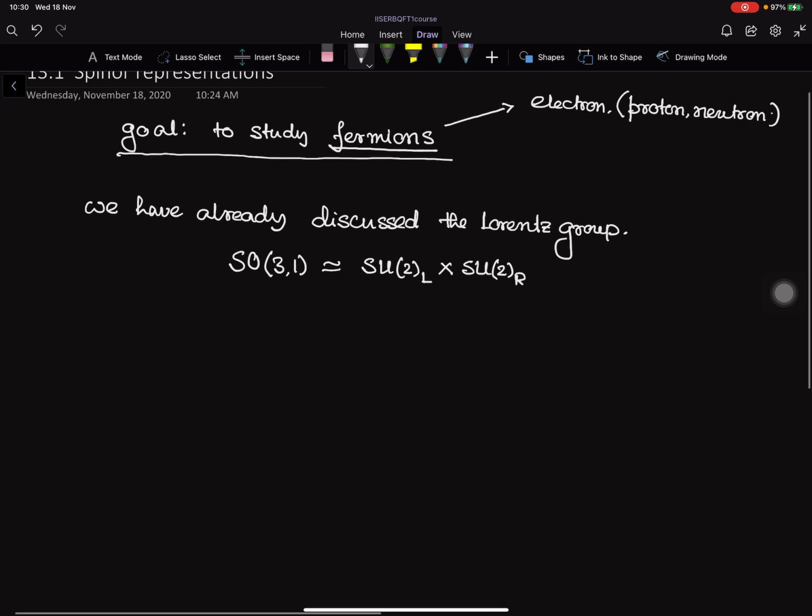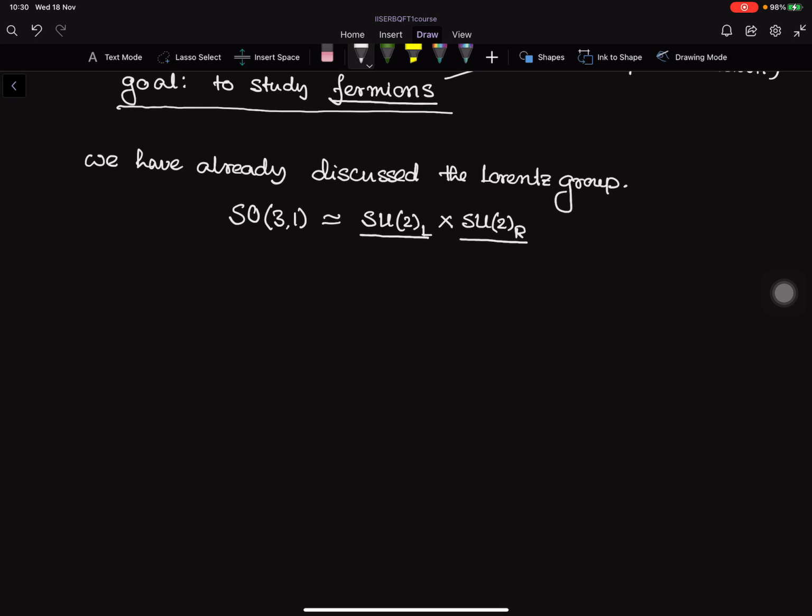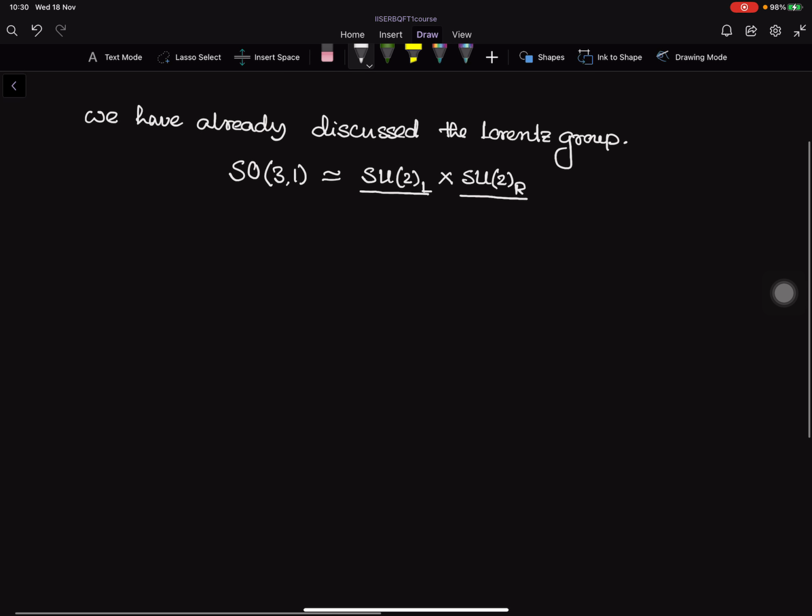And from the quantum mechanics course we already know representations of SU2s. These are the angular momentum representations. Now in this lecture we will focus on a very particular representation of this Lorentz group. You probably remember that the representations are denoted by two numbers a comma b, where a determines the Casimir of SU2 left and b determines the Casimir of SU2 right.